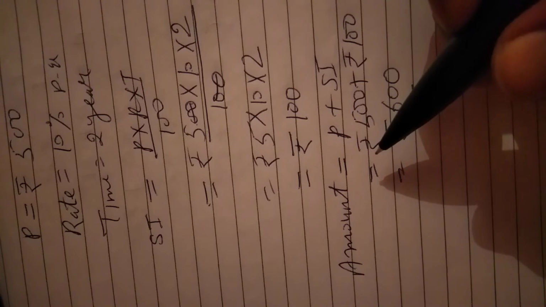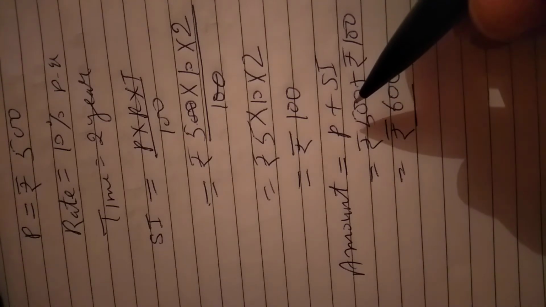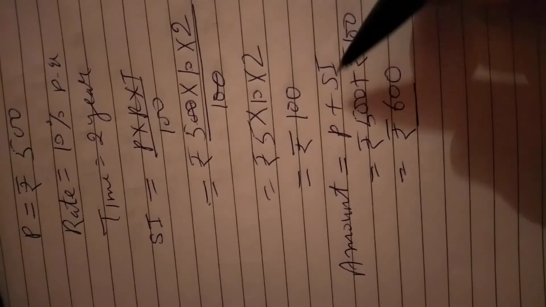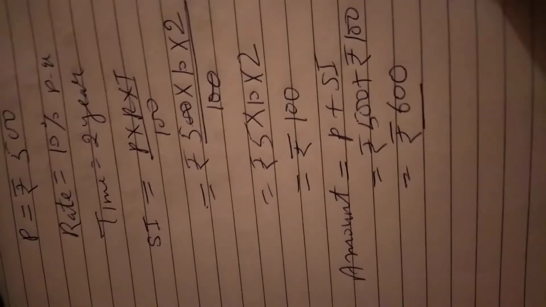That is, the amount we get back after a certain period of time is the sum of principal and simple interest. Based upon this formula, we can also calculate the interest.